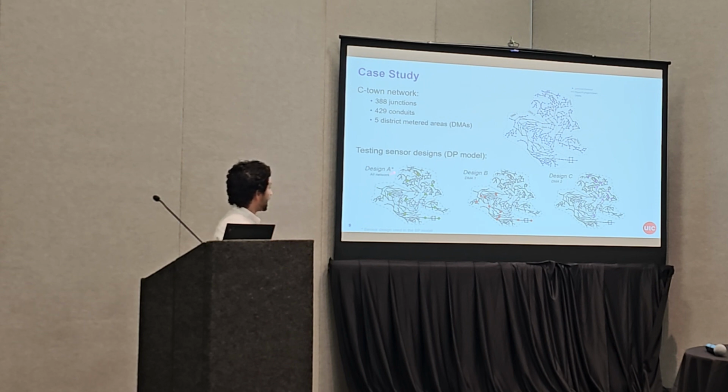In sensor design A, we consider the sensors to be scattered all over the network, and their locations were determined based on a spatial clustering approach. Whereas in design B and design C, the sensors were only covering a single district metered area. And it's worth noting that design A was the one used in the static prediction model.